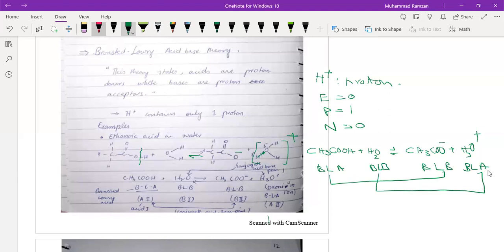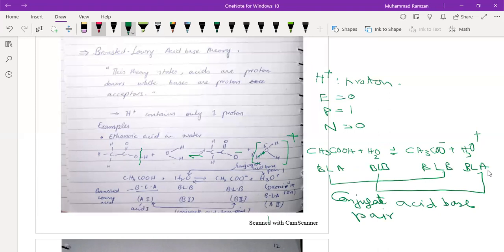And they are called conjugate acid base pair.